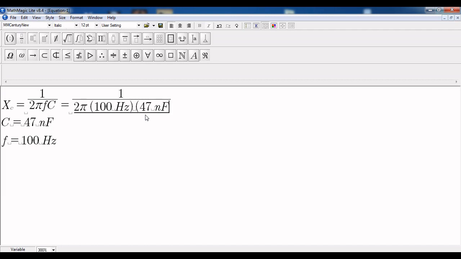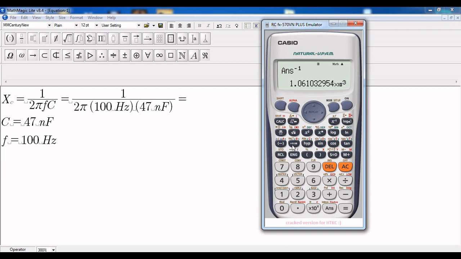Here. Nice. And let's take a look. And let's compute again. 2 multiplied by pi multiplied by 100 hertz multiplied by 47 nanofarad. Nano is -9.